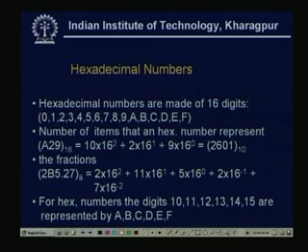So, the base should be in hexadecimal, the base should be 16.